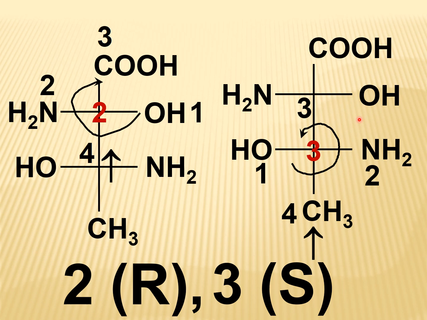Depending on whether this movement is clockwise or anti-clockwise, the naming will change, and the naming also depends on whether the least priority group is vertical or horizontal. So this is the RS system of naming.